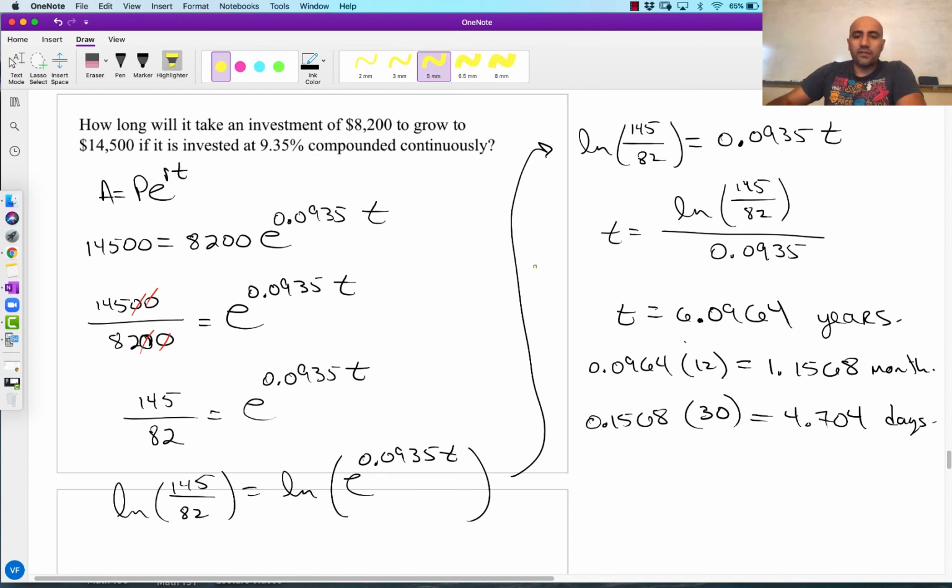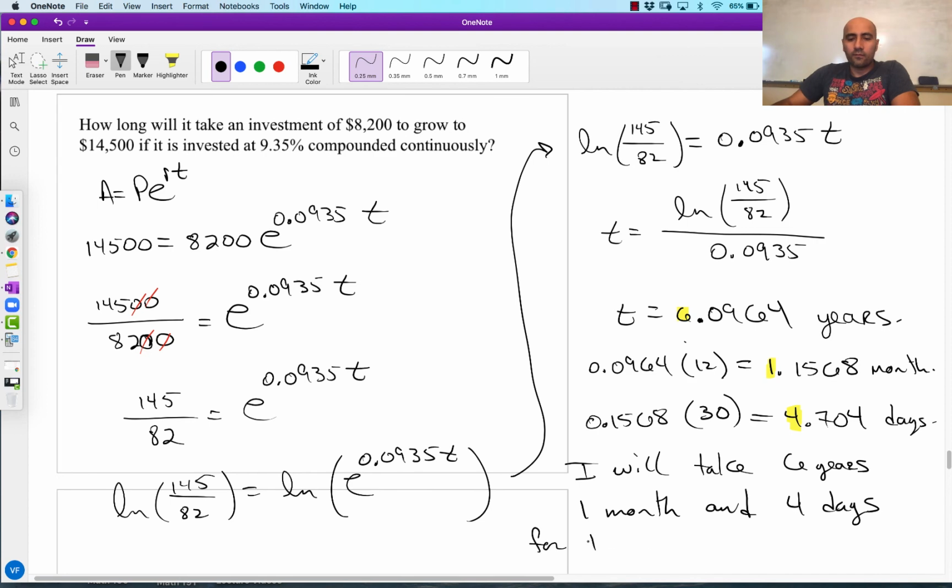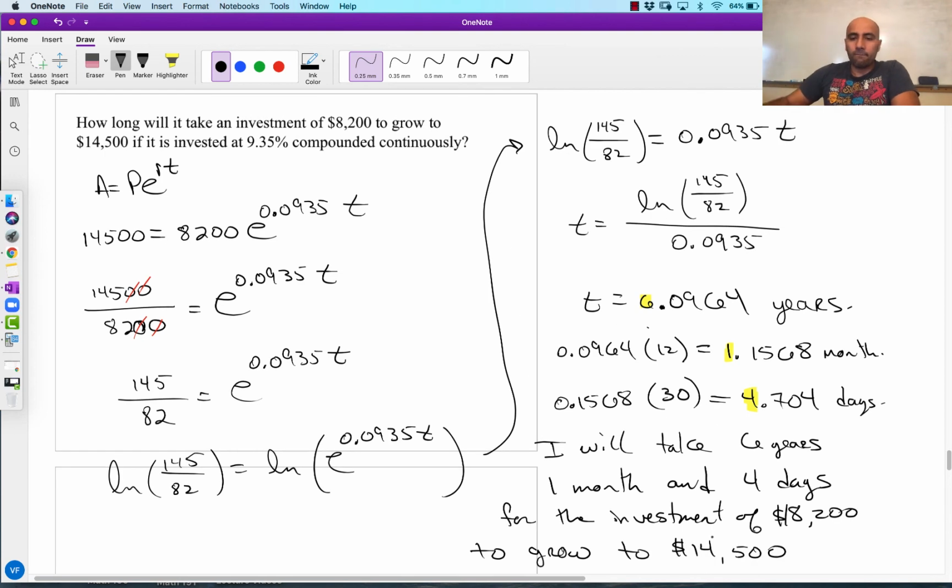Okay, so we can say that it's going to take 6 years, 1 month, 4 days for our investment to grow from $8,200 to $14,500. It will take 6 years, 1 month, and 4 days for an investment of $8,200 to grow to $14,500 at a rate of 9.35% compounded continuously.